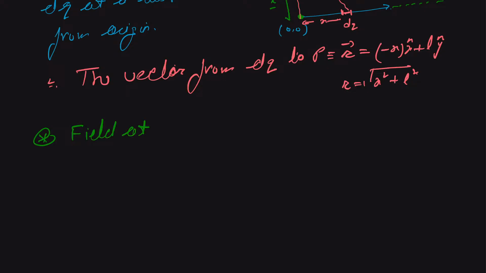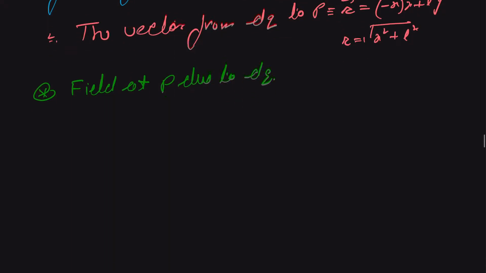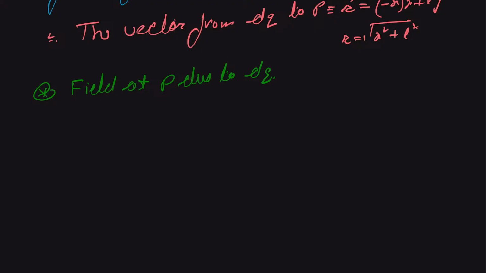We are only interested in the magnitude part, so this small electric field dE will be equal to 1 upon 4 pi epsilon naught times dq upon r square.